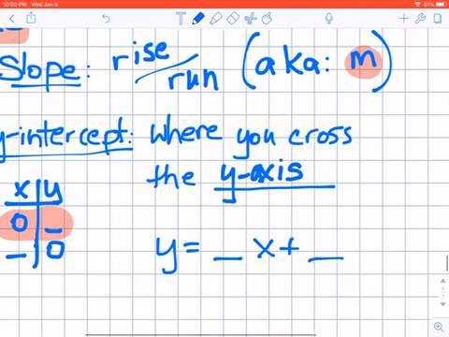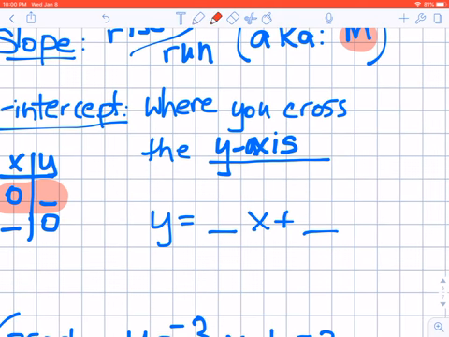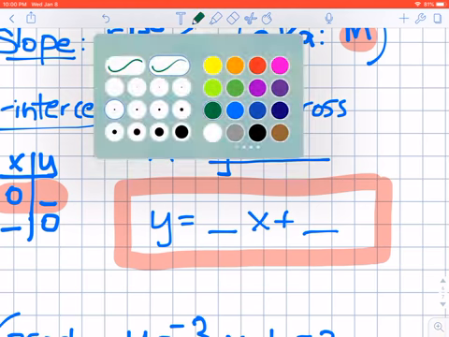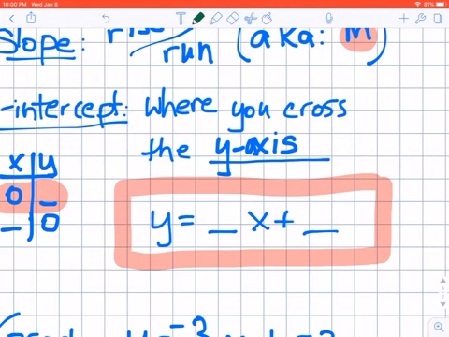Finally, we have a special equation that we use. This is kind of like our bread and butter for the first few chapters. It is called slope-intercept form. And we'll change colors here so that we use something to help our brains remember.